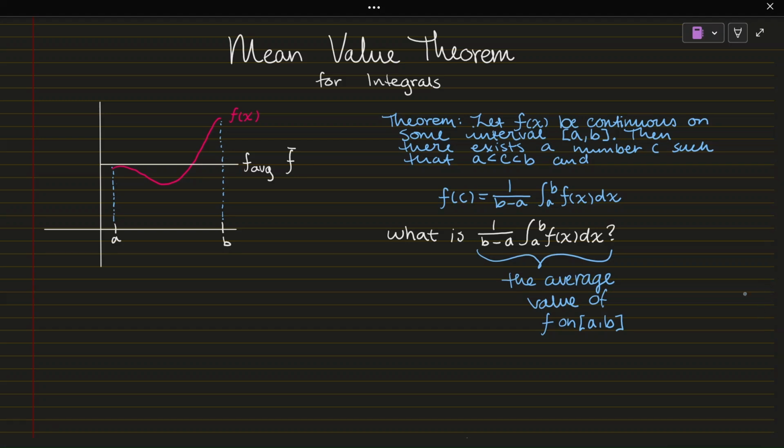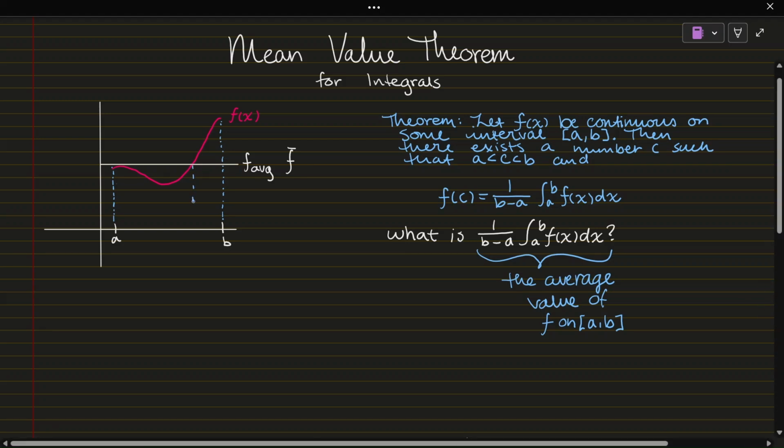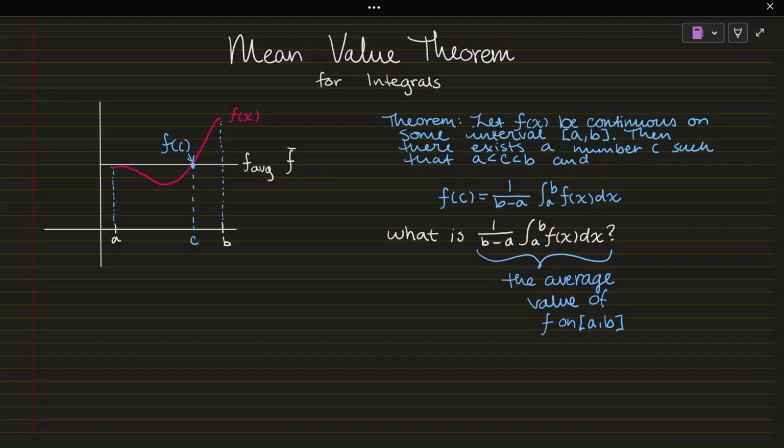Then we can see here that there is a value c between a and b such that f of c is the average value of f. So that's what this theorem is telling us: there's a value c such that f of c is this average height.